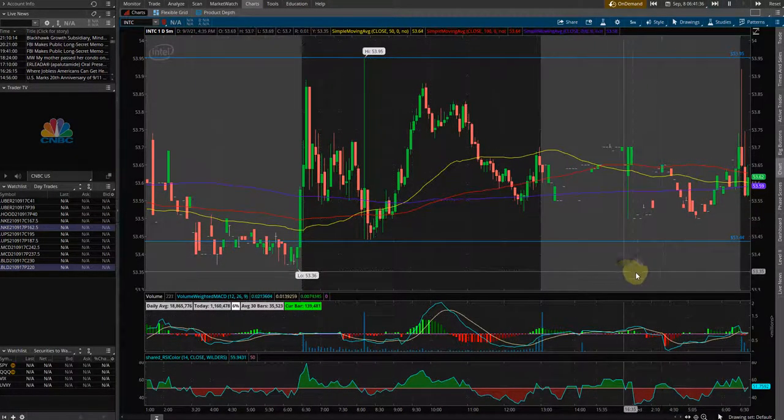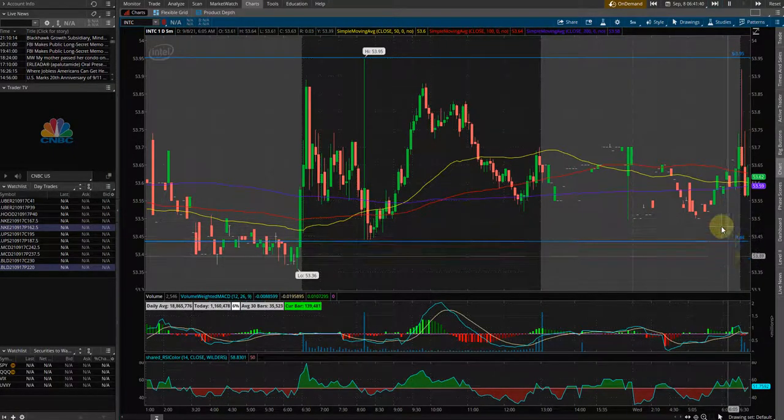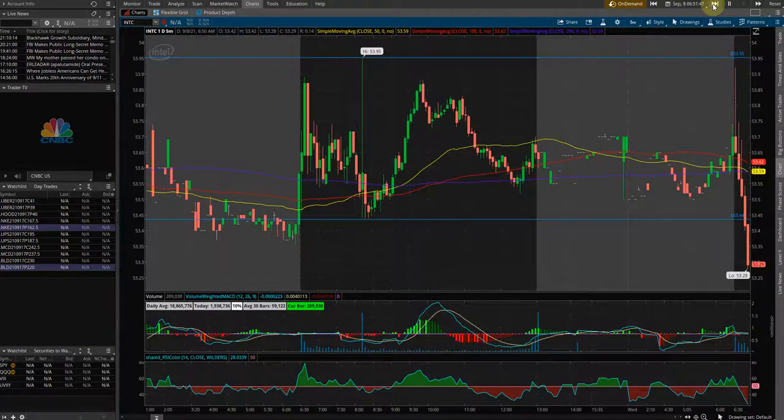When a stock does retest, we can take the entry when it crosses our trigger on the retest, and there's money to be made. But unfortunately, we didn't see that.